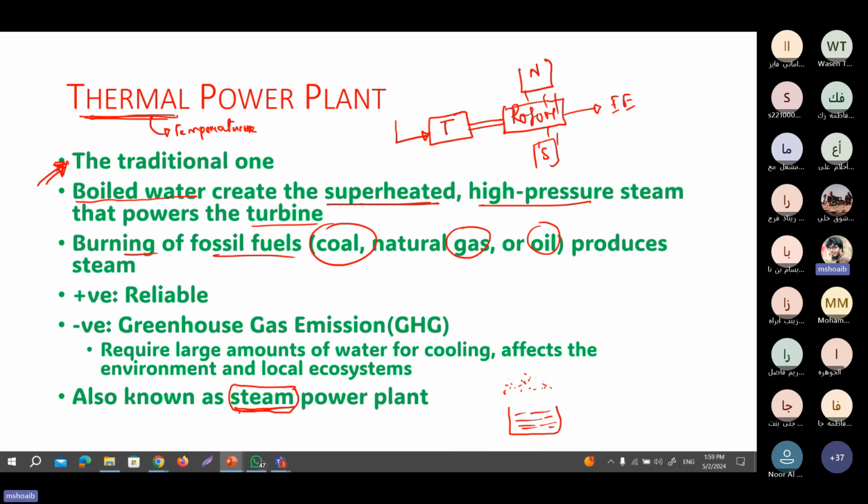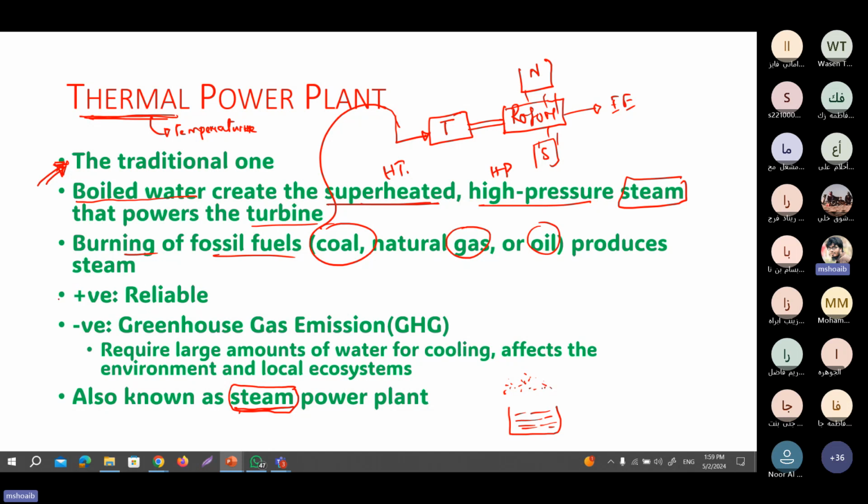We give these fossil fuels as the input over here and burn them to boil water, and that generates high temperature and high pressure steam. This steam flows through the turbine, and the turbine rotates the rotor. So this is in short the idea. I will show you the flow diagram and detail of it.